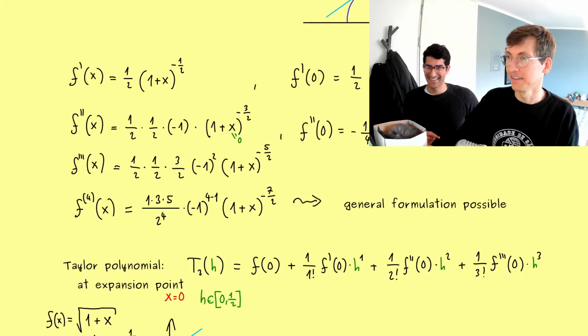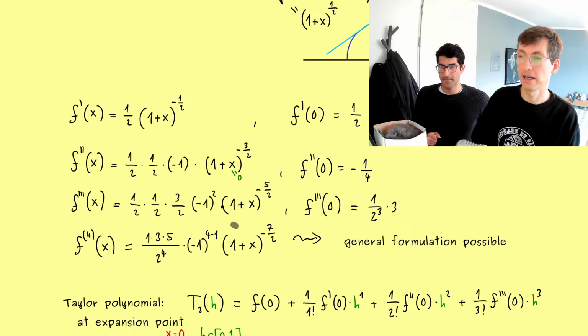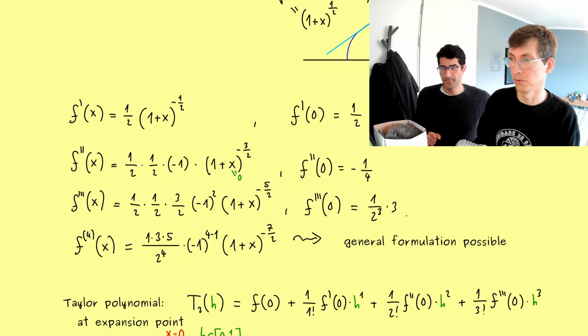So now let's see. I scroll here to the third derivative, and we put in 0. Okay, a lot of halves again. We have 2 to the power 3 here in the denominator, times 3 in the numerator. This is just plus 1, and this one gets 0 again. So again, this whole ugly thing, we put in 0 and it vanishes to 1. So this is what we want.